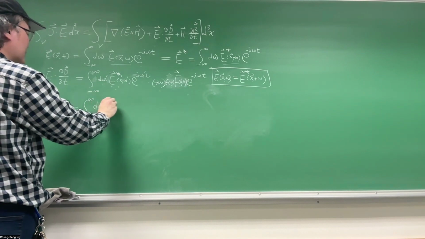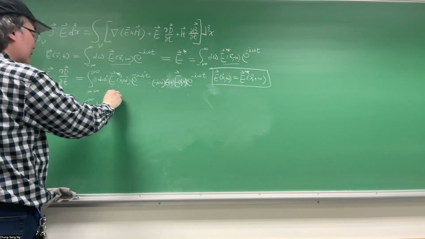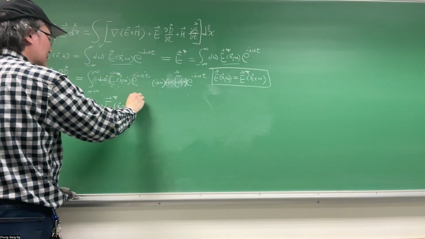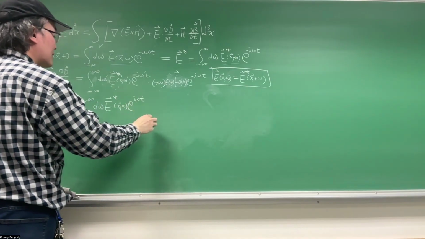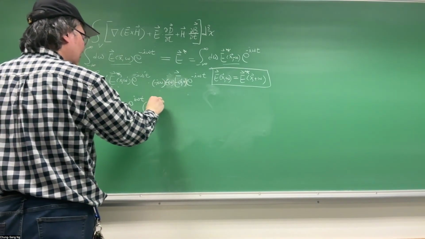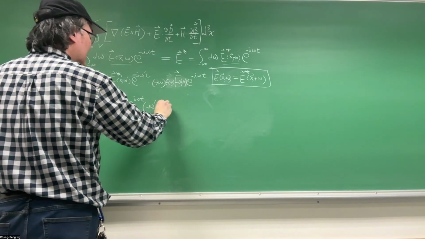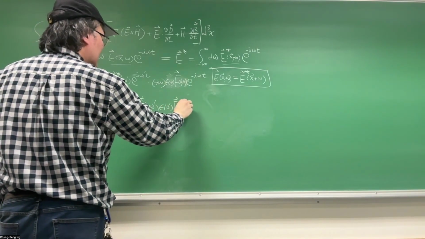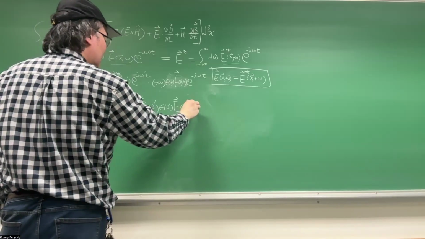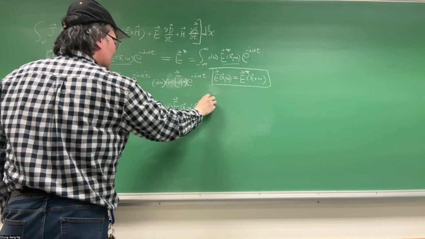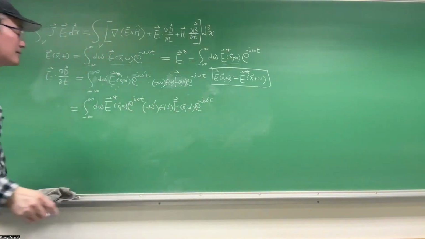So we change the omega. Complex conjugate E(x, omega) e to the i omega t, and that becomes minus i omega prime, and this is epsilon(omega prime) E(x, omega prime) e to the minus i omega prime t.